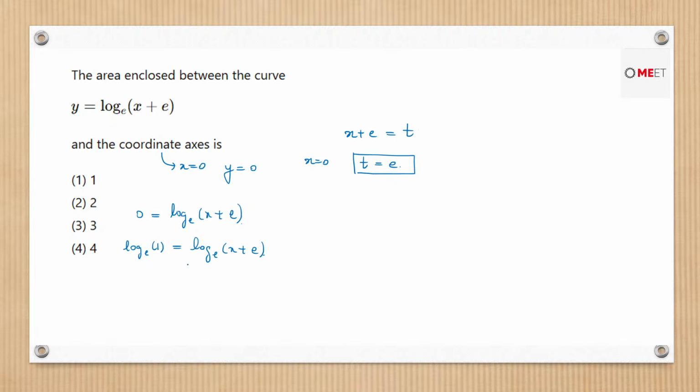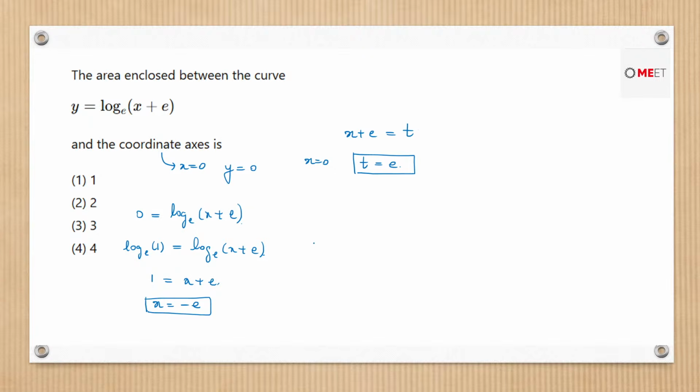So here we would be getting 1 is equal to x plus e, or x is equal to minus e.